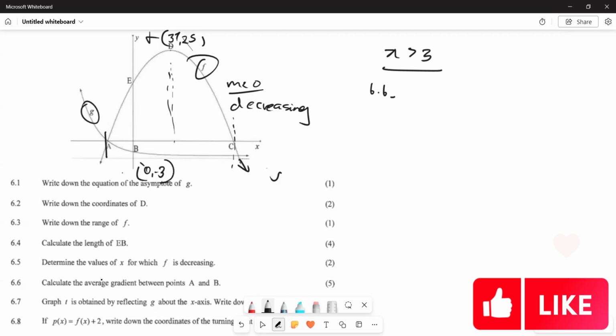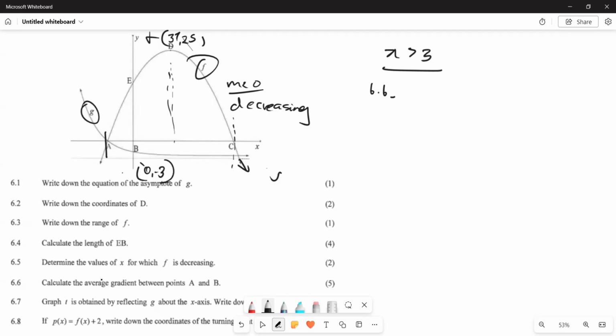Now, what is it that you're going to do? Remember, this represents your x-intercept. So you are going to say, look, for the x-intercept, you let y be equal to 0. And when you let y be equal to 0, what is it that you're going to do from here?